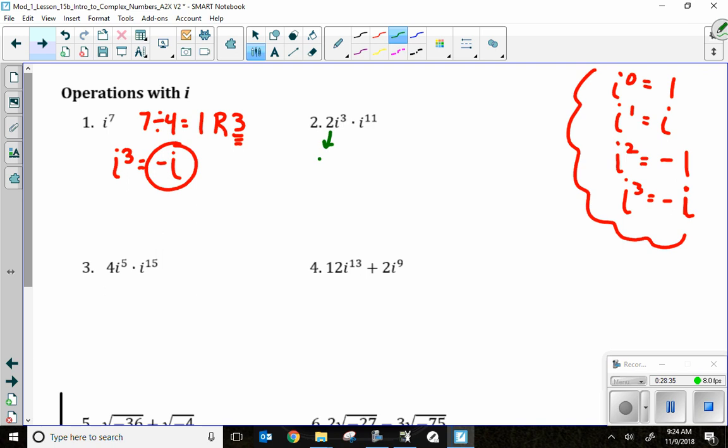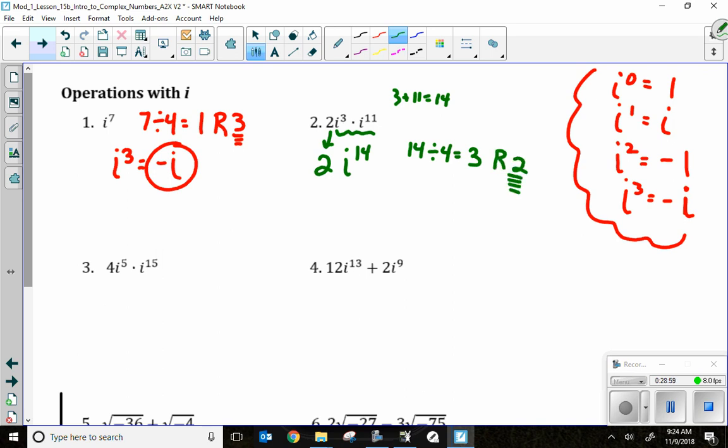Whenever I multiply 2 things together, don't I add the exponents? So that's 3 plus 11. That's going to be 14. Now, I take my 14, I divide it by 4. That goes in 3 times, which is 12, and a remainder of 2.